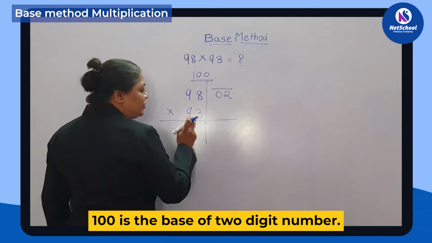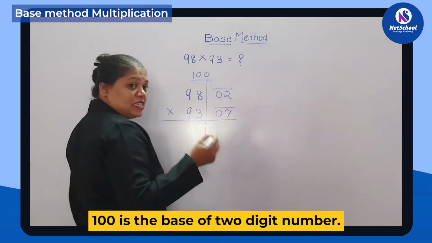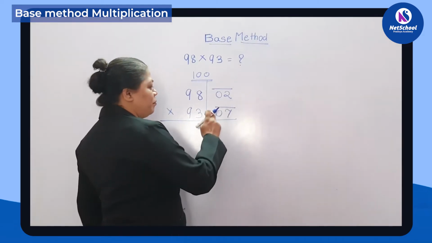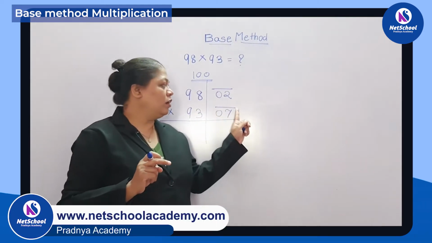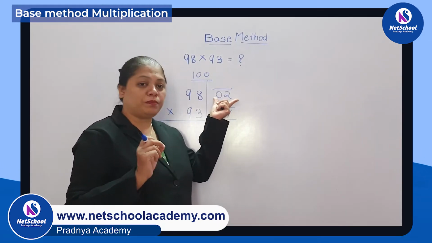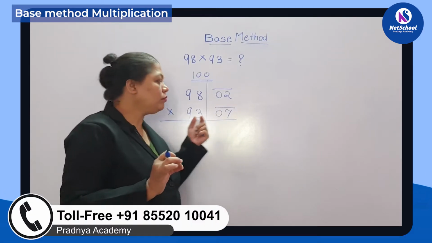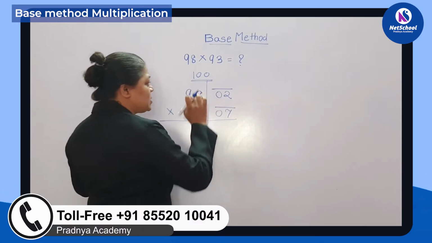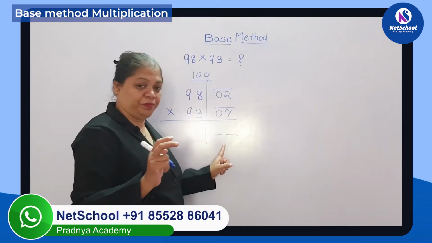Next, 93. So 100 minus 7 is equal to 93. This particular sign is called a bar sign. So this number is bar 2 and this number is bar 7. Now as it is a base of 2 digits, I require only 2 digits here.